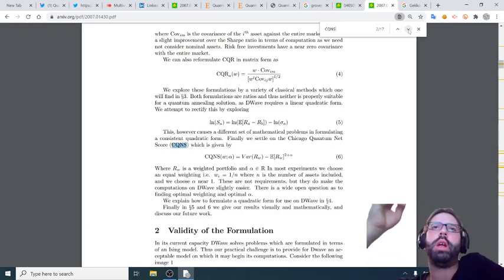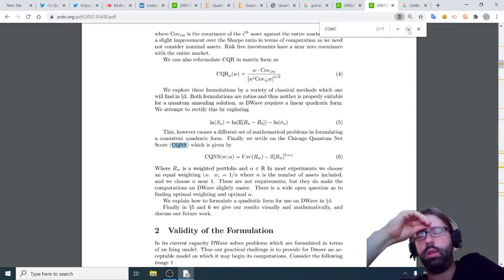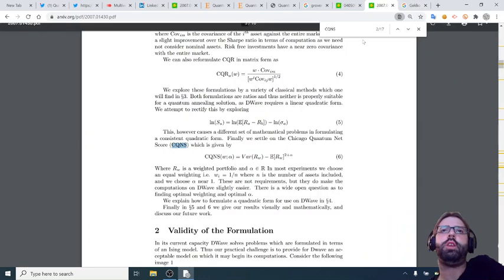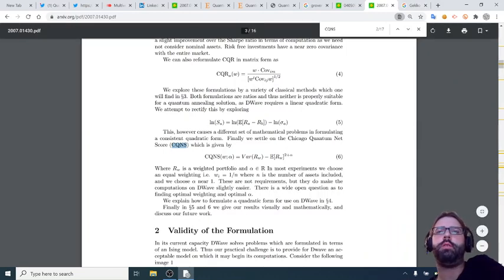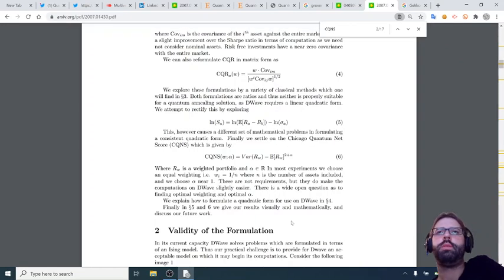But they don't explain how to formulate the actual QUBO, do they? It says the QUBO is basically the variance minus the expectation value of your average investment.